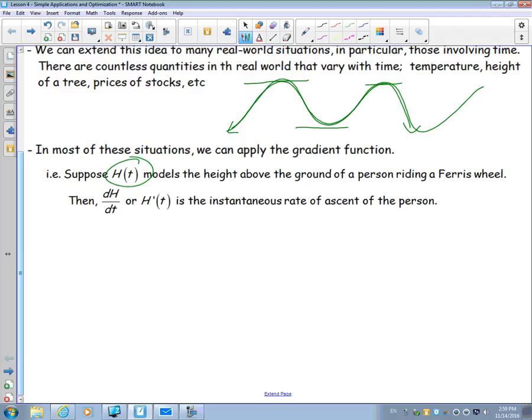If it's a 0, that means they're at the highest point on the Ferris wheel or the lowest. If it's positive, they're increasing their height, on their way up. If it's negative, they're on the way down. So we can take the idea of analysis of functions, sign diagrams, and derivatives, and actually apply them to real-world situations.